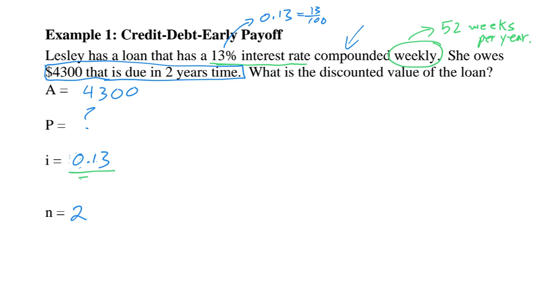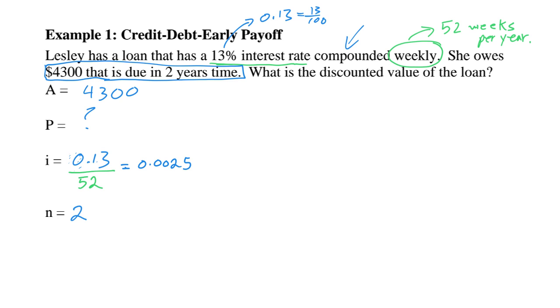So we have to divide it by 52. We take 0.13 divided by 52, and you end up with 0.0025 for I when you simplify that in your calculator.